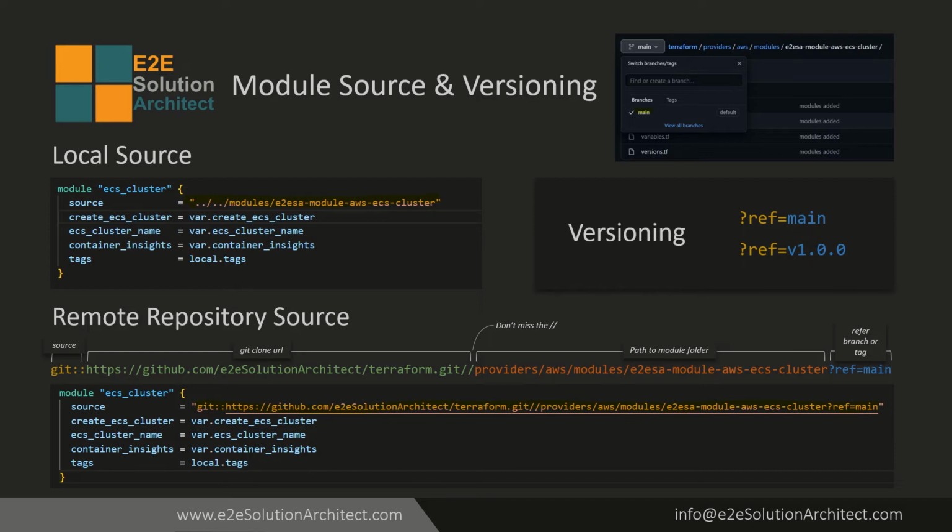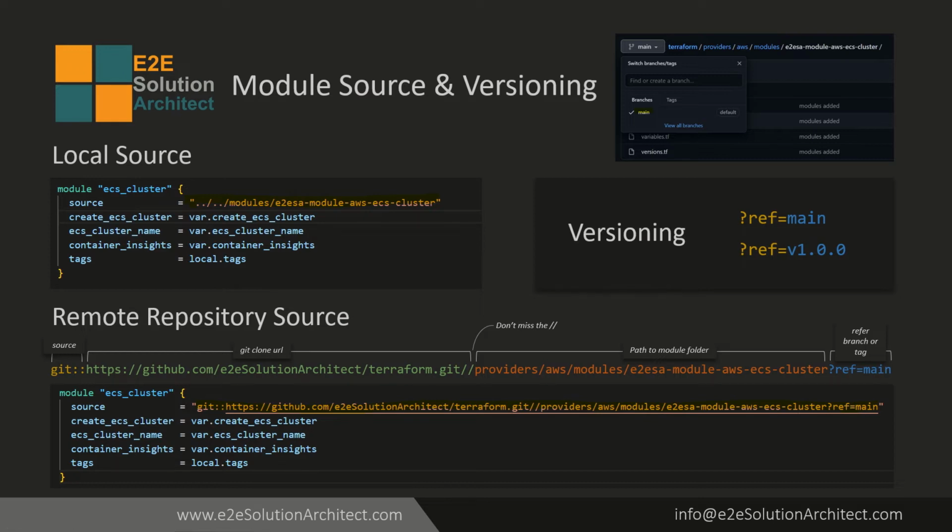So when you are committing, pushing or publishing your code in your GitHub repository, create a tag. Suppose you have created a tag called v1.0.0, and you can refer to that particular tag by this ref equals v1.0.0. It is as simple as that.